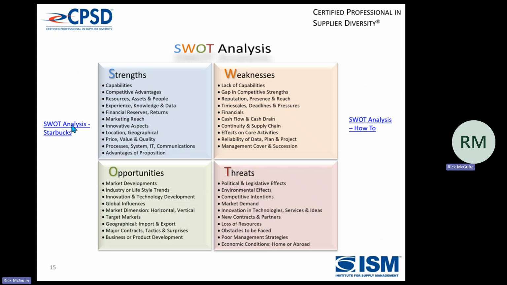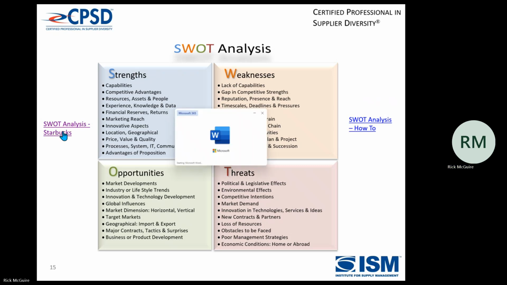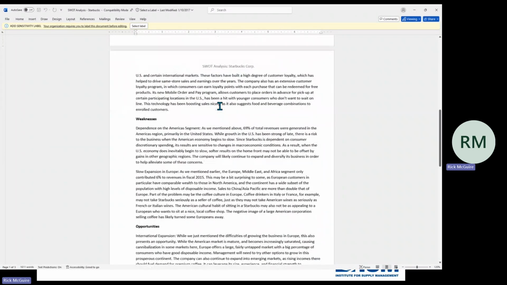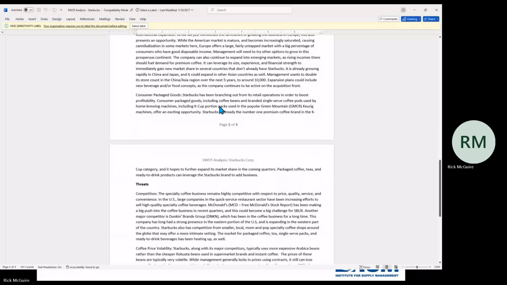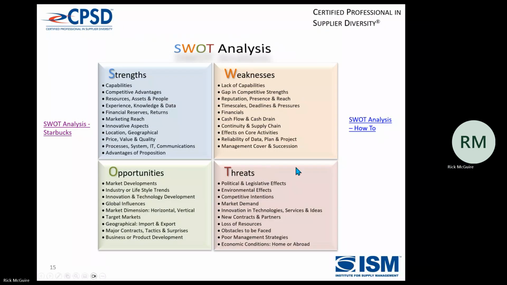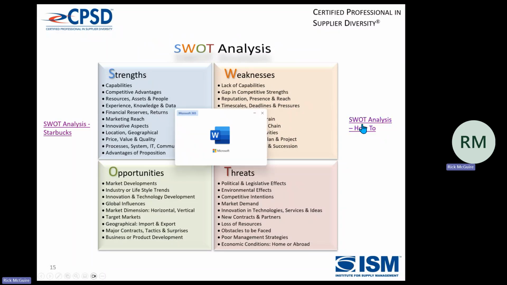So there's a SWOT analysis for Starbucks. And this is from Value Line, 2016. It's just in paragraph form, that works. And this is an article on how to use it, I think.